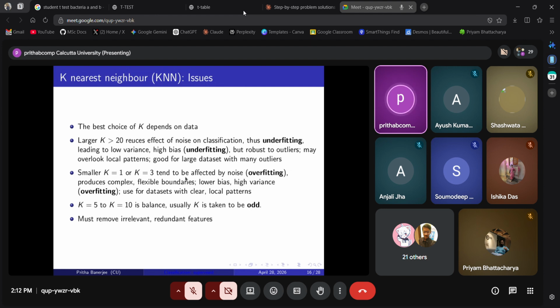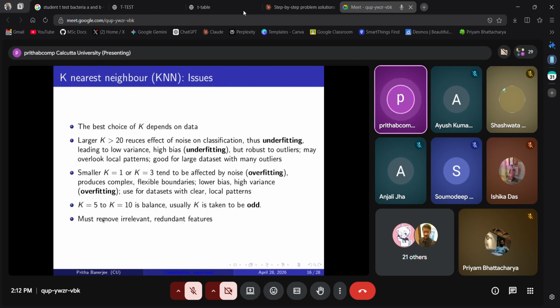When data are already clustered in one place, whose influence is not far off, and if you know this information about the data, then we can choose that. Typically, k equal to 5 to 10 gives a balance, and usually we take k to be odd so that we don't have to resolve ties when doing the majority voting.